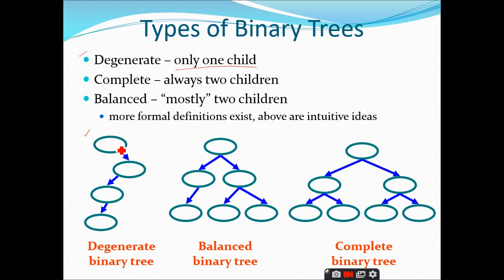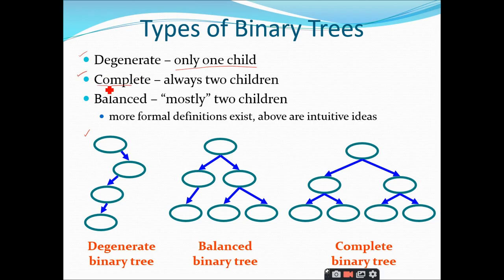So no node will have more than one child. If every node maintains one child except the leaf node, then such binary trees are called degenerate binary trees. This is not important from the point of view of your examination, but it is important for knowledge purposes.